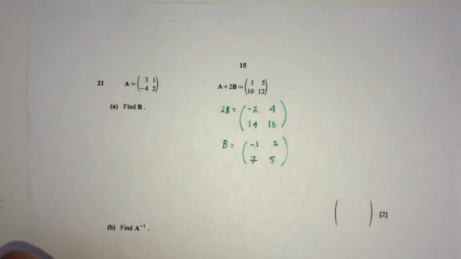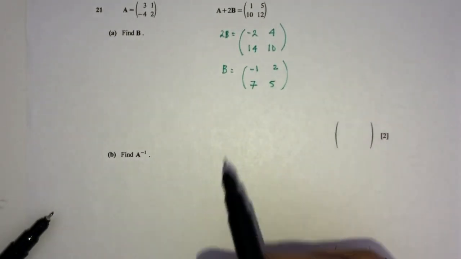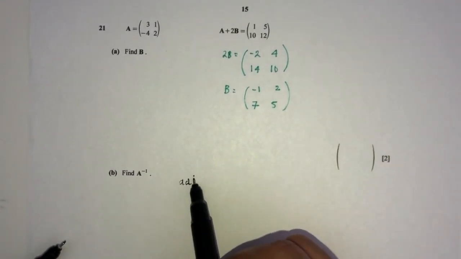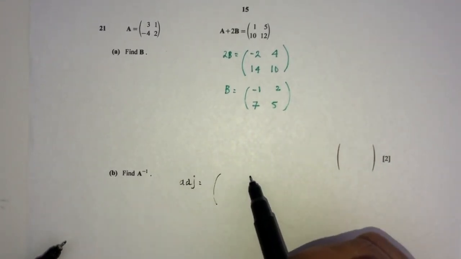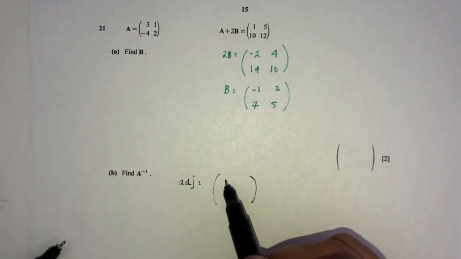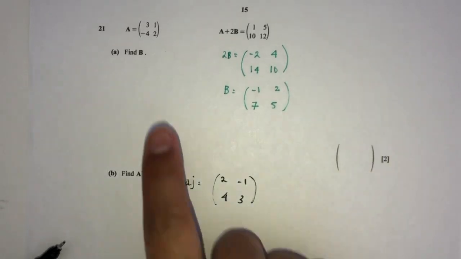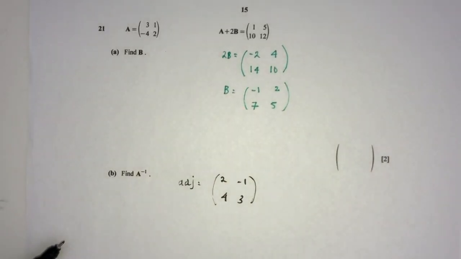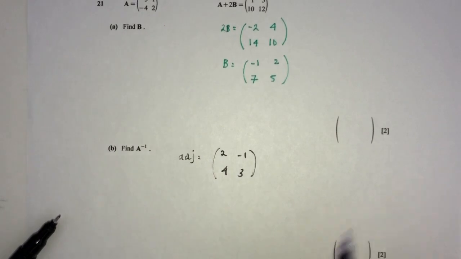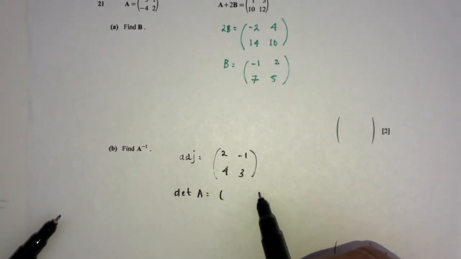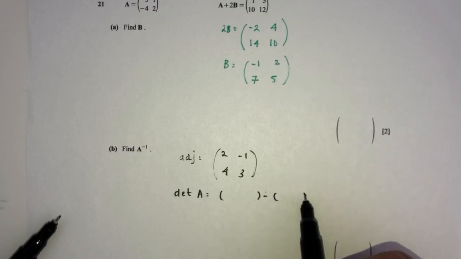Divided by 2 everywhere. Now to find A inverse, we have to find the adjoint of A. So we have to change sign and change position. This will become 2 here and 3, minus 1, 4, right? Change the sign and change the position of those two. For the determinant of A, we have to cross multiply, right?